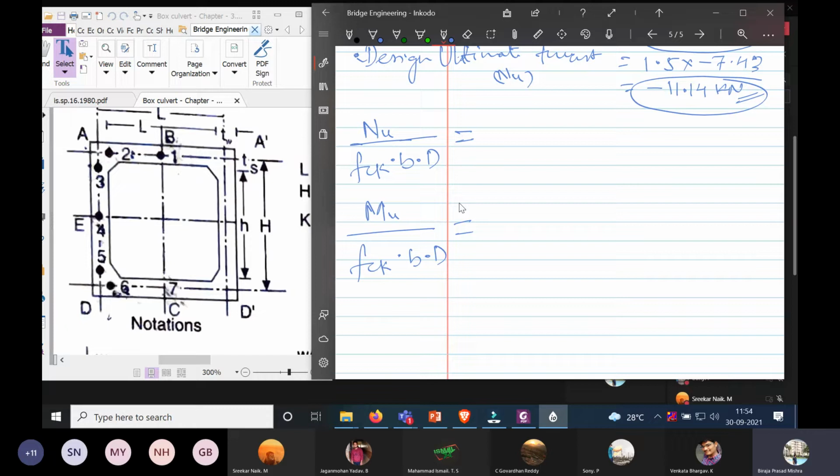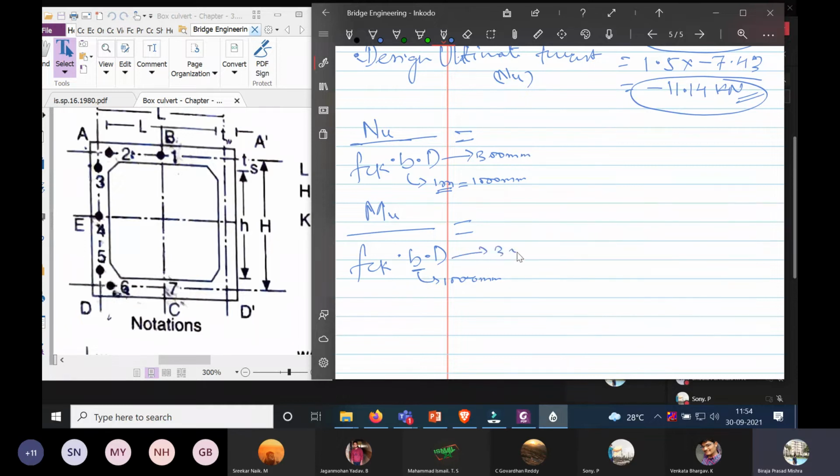Please tell me what is the value of NU by FCK B into D. Here B we will calculate as per meter, so per meter means 1000 mm. Similarly, this is 1000 mm. And D is the thickness, that is 300, thickness of web and thickness of slab.